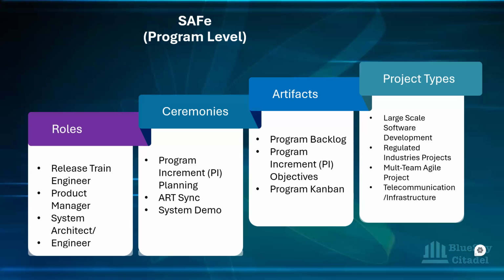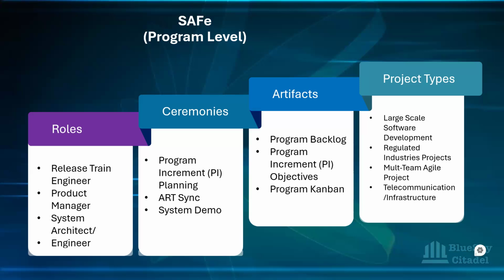They also prioritize the list of items that they need to work on during that time, and it is managed by the product manager, like I said. Even though there are product owners for each of the teams, he's the one explaining to the product owners how the items in the program backlog need to be prioritized and worked on.